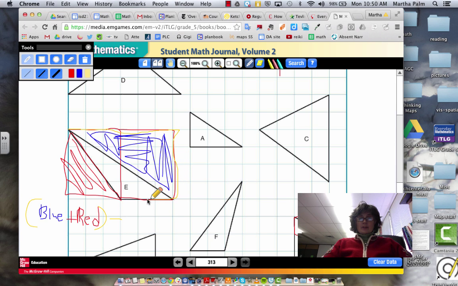Great big rectangle minus yellow, ELL. Hopefully you can figure out what this is. And then that will equal the area of E.